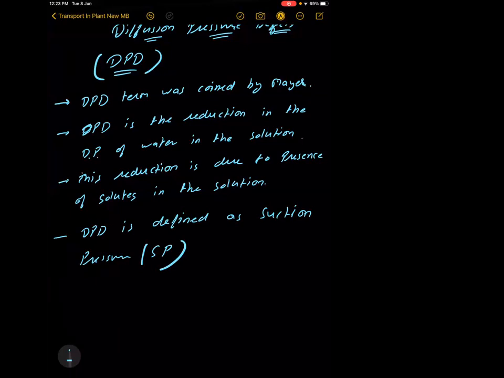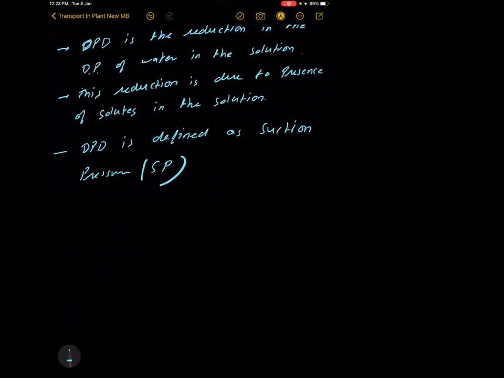It means it shows the ability of the cell to absorb water.